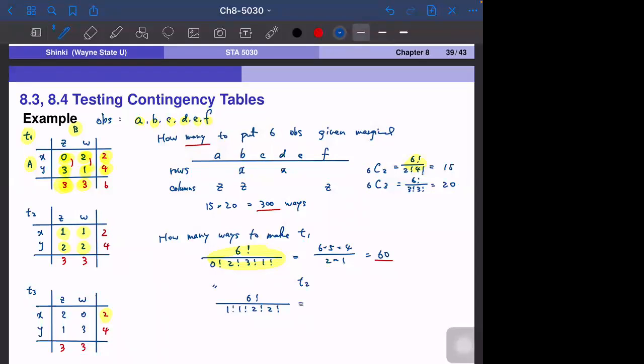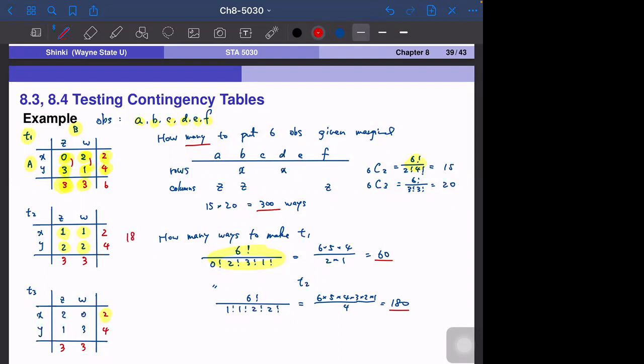So this is equal to 6 times 5 times 4 times 3, divided by 4. So this is 180. So we have 180 ways. So this is the more plausible table. So this is 180, this is 60.